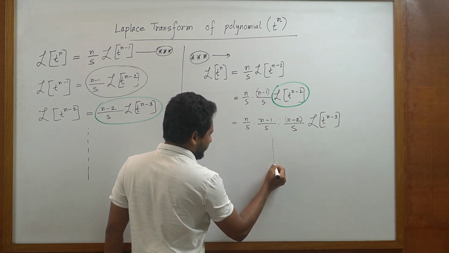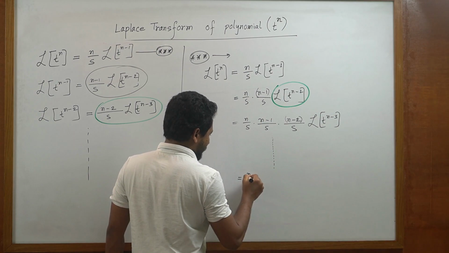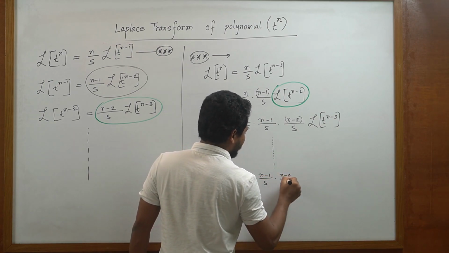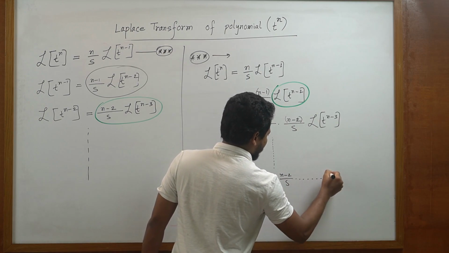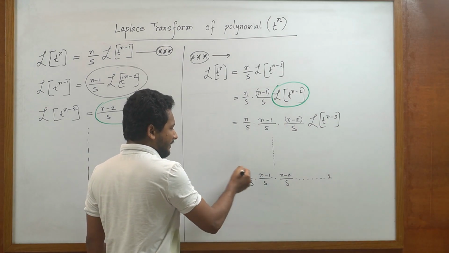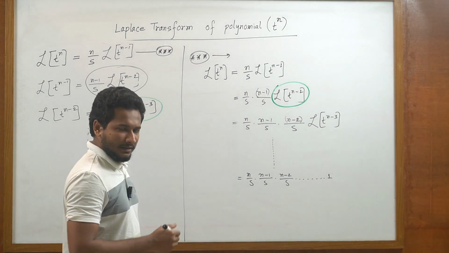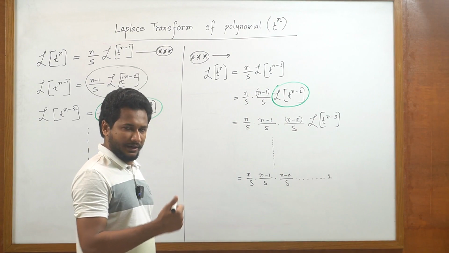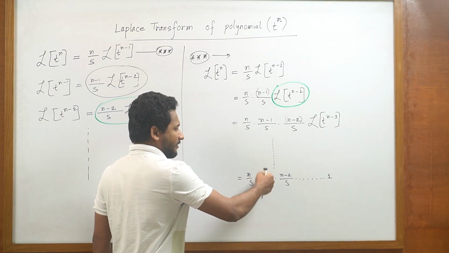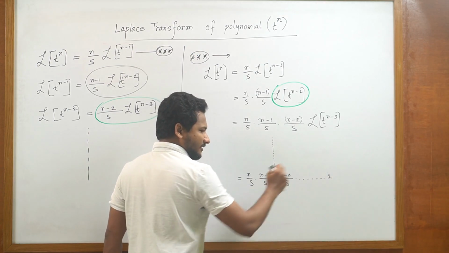So propagating in this way, we will get 1, because n is an integer, in fact a non-negative integer, and by subtracting 1 again and again we will get 1.